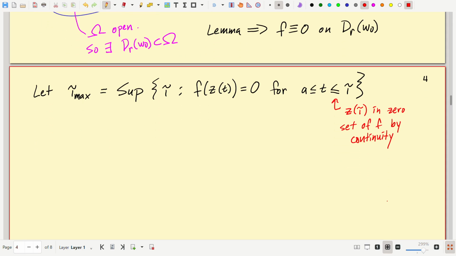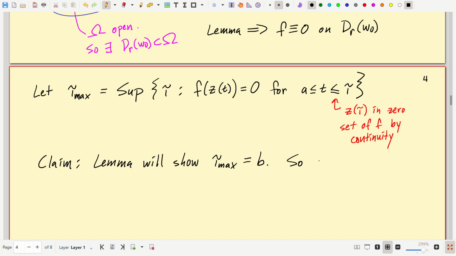Okay, I claim that my little lemma will show tau max equals b.